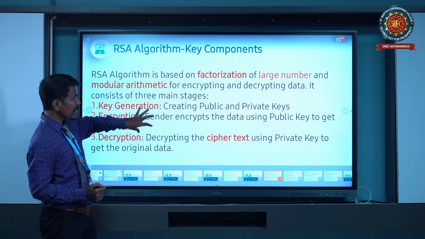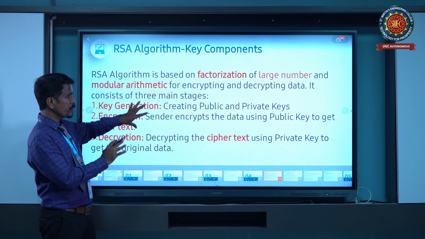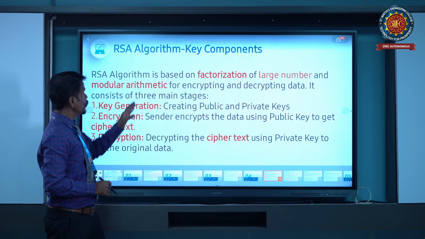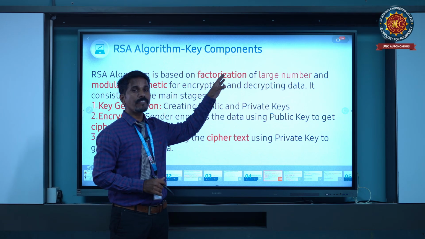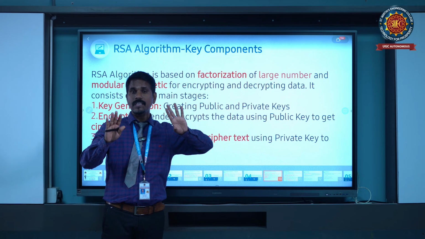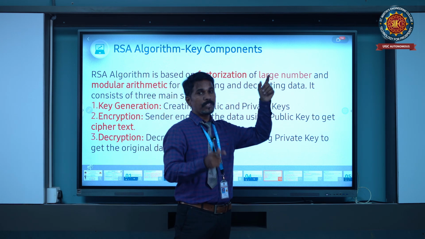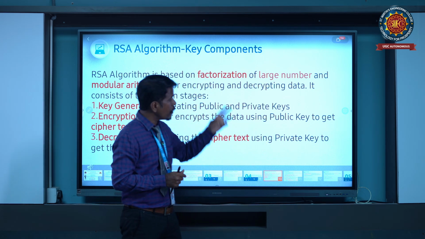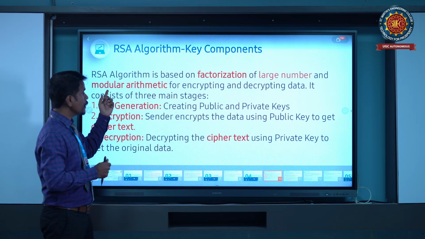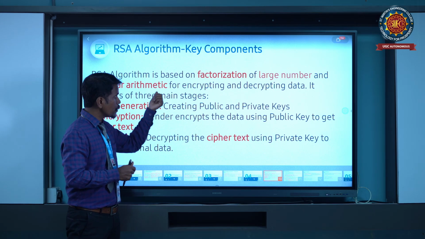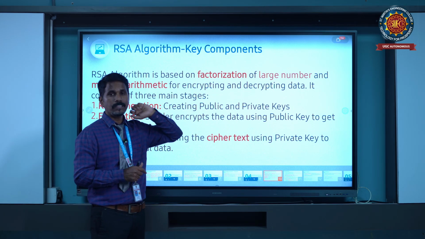Before we understand the key components, what purpose do we need to build, what has to be included? Here the aim is based on factorization. Factorization is a complicated one, I already told you. So we have to choose large numbers for the factorization. And one more thing, the RSA algorithm uses modular arithmetic for encrypting and decrypting the data.